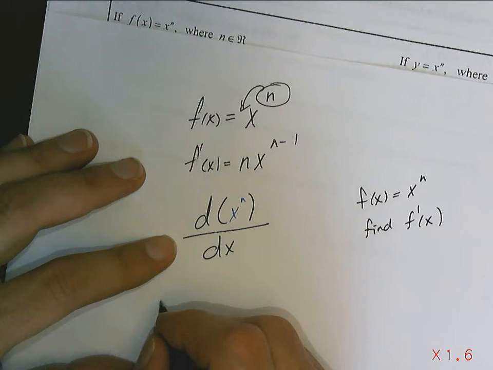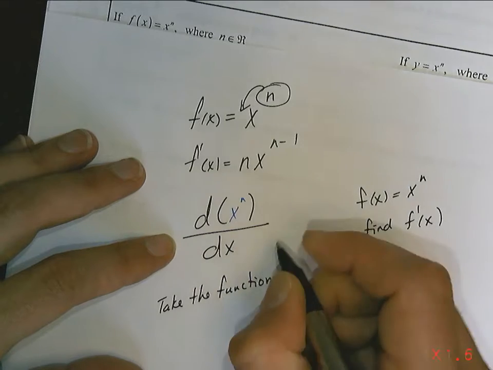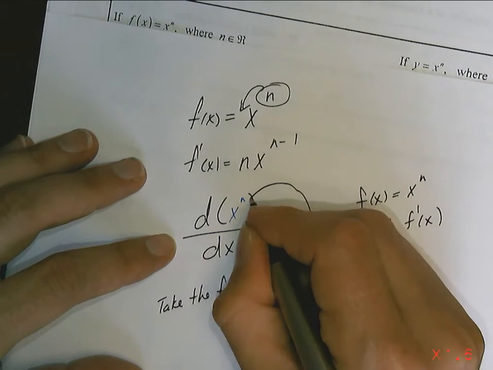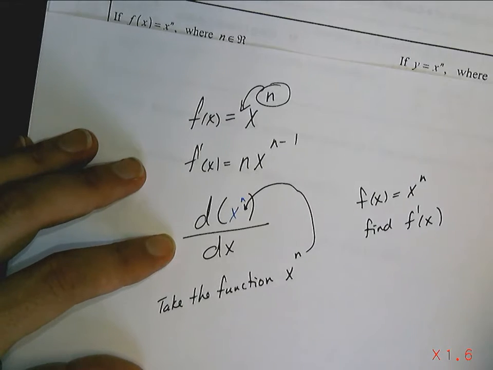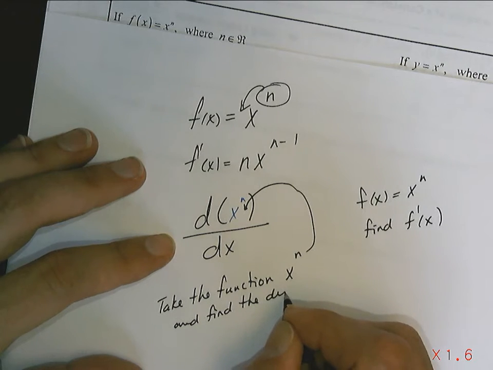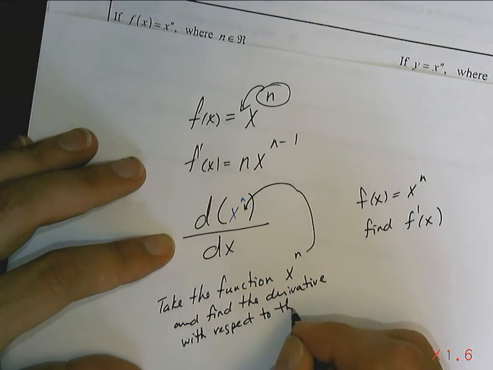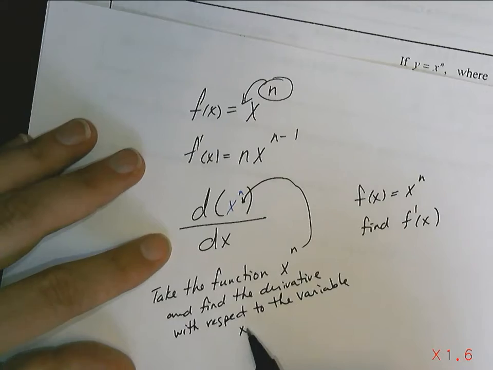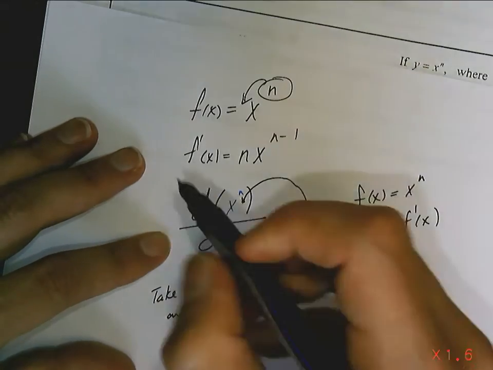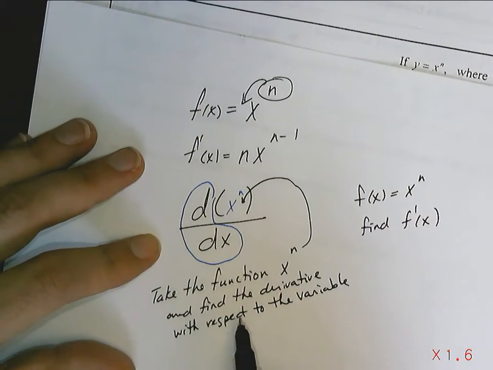What this says in words is take the function x to the n and find the derivative with respect to the variable x, which is long and cumbersome and horrible, which is exactly why we invented that symbol. That symbol means this.